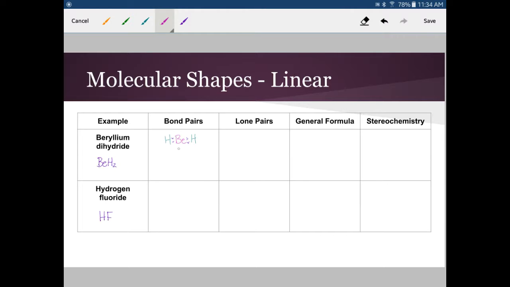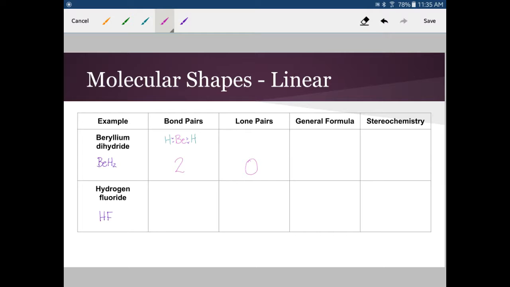We're only concerned with the electrons paired around our central atom. We have 2 bond pairs. Now, if we look at our lone pairs, there are no pairs of electrons that don't exist between the central atom and the peripheral atom. So the lone pairs is 0.